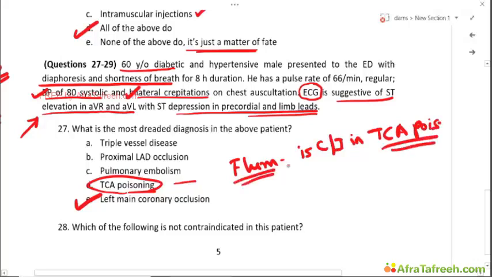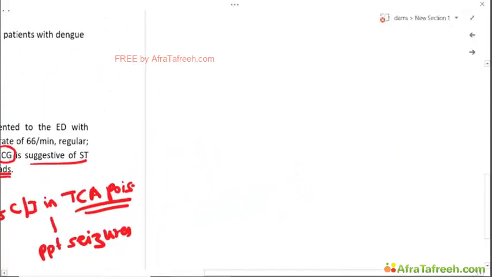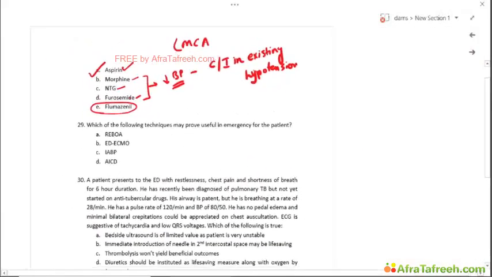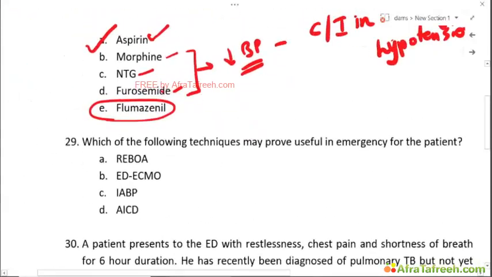Right? Flumazenil is contraindicated in TCA poisoning as it can precipitate seizures. Otherwise, flumazenil does not have any role in acute coronary syndrome and should not be considered. So there is no question of considering it to be one of the contraindications.